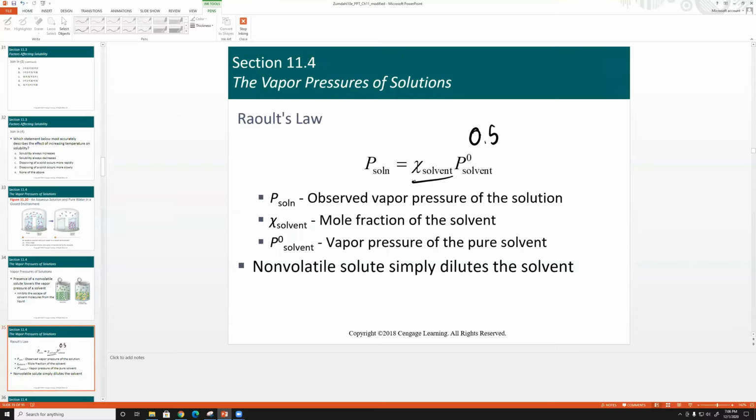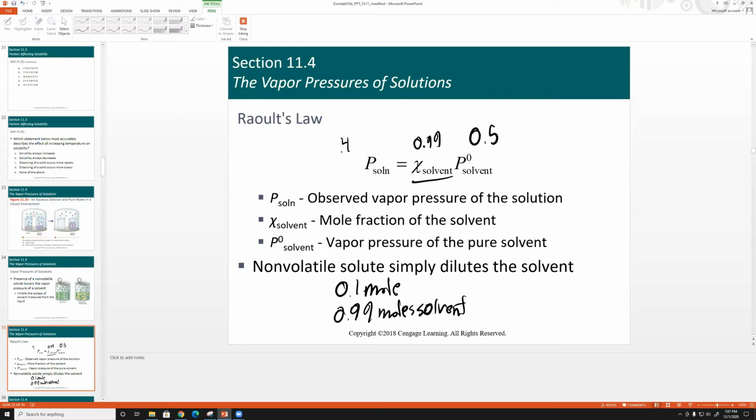So if you have a solution that has 0.01 moles of a solute and you have 0.99 moles of your solvent, it's going to be mostly solvent. What this means is that the mole fraction of your solvent is 0.99, meaning the vapor pressure of the solution is not going to be changed much.